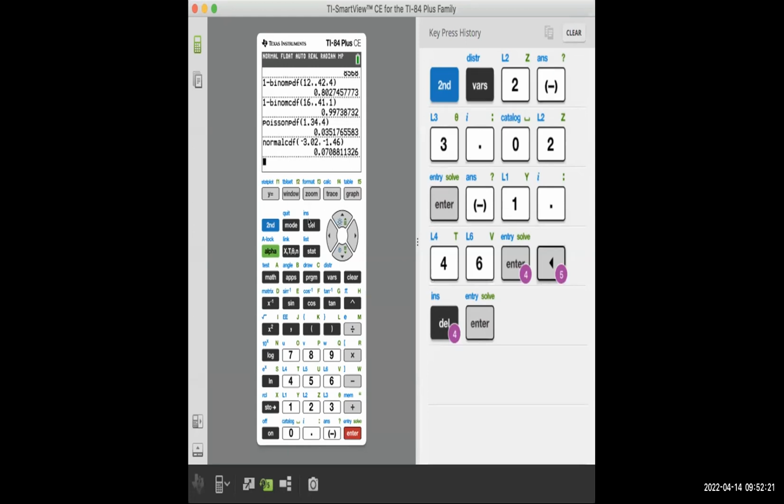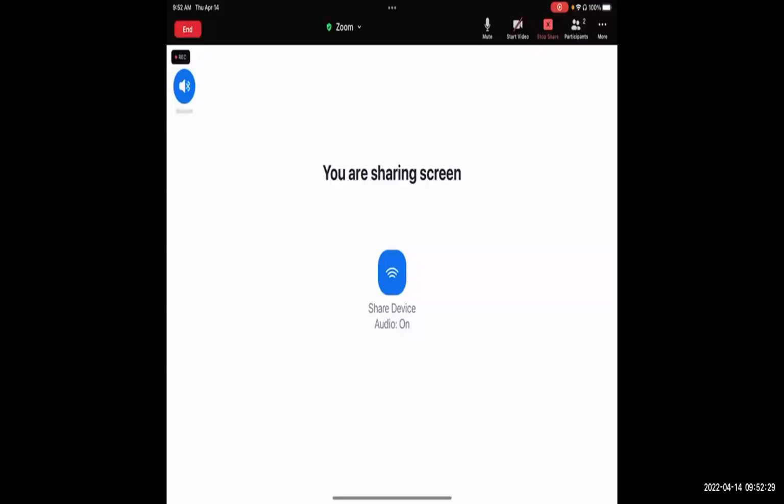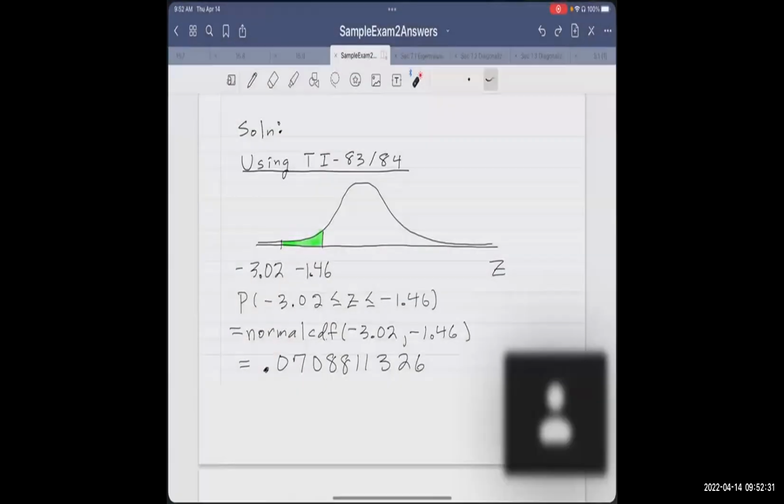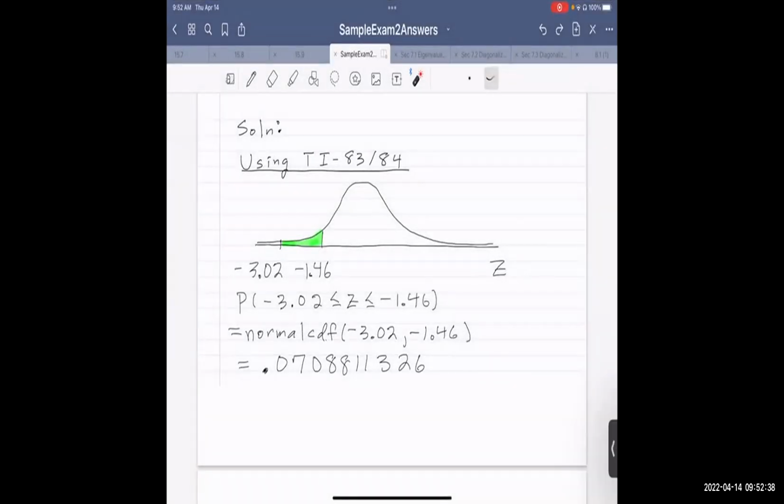Let me write that down on my iPad. So I have here the normal CDF gave me 0.070881136.